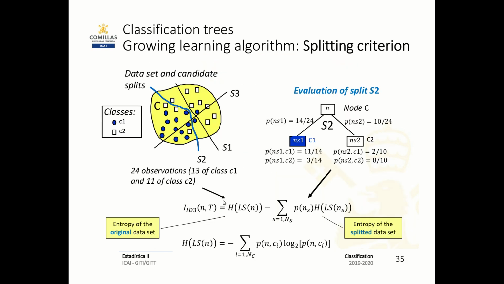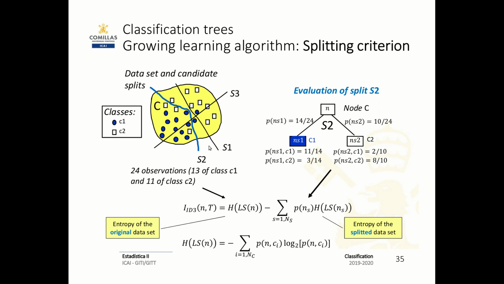And then using these probabilities we can compute the average of the entropy reduction. So we have the entropy of the parent and then the average of the entropies of each one of the children.